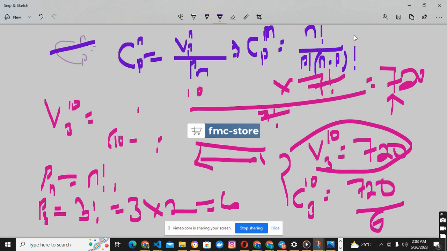And that is it. This is the formula for combination. So I want you to write down the formula for combinations, and all these formulas, please be taking note of them.